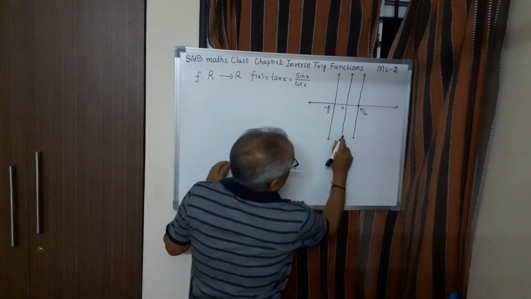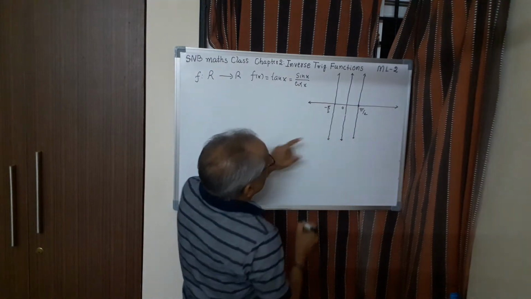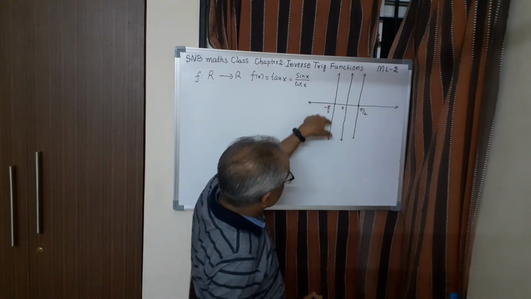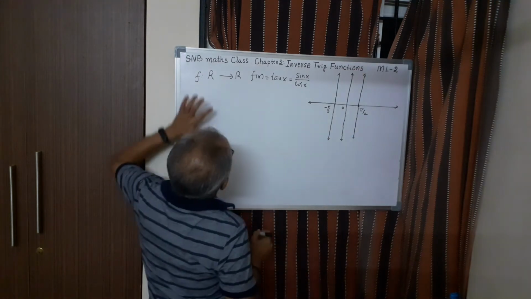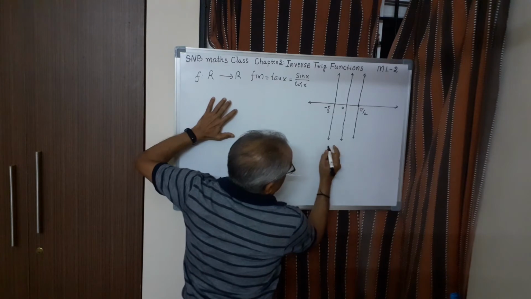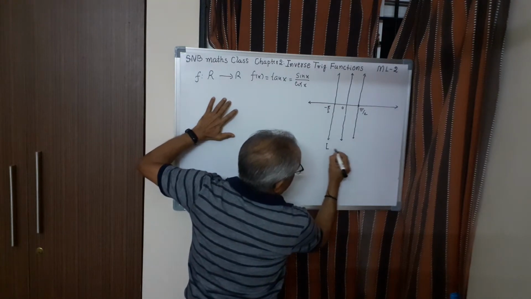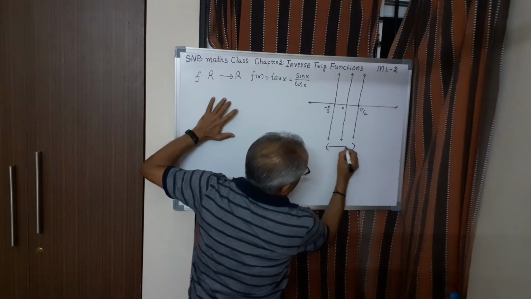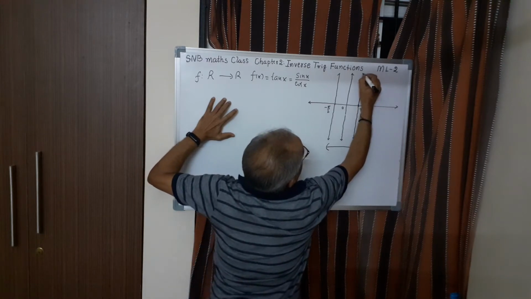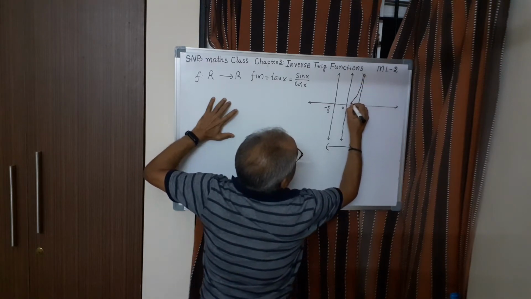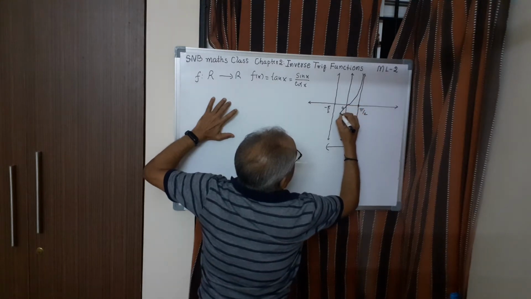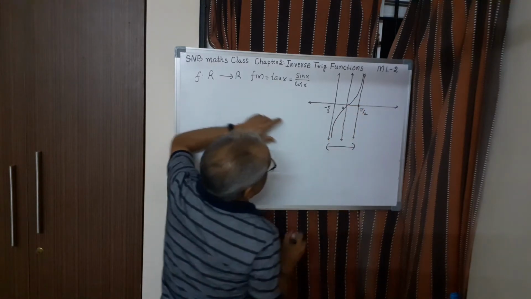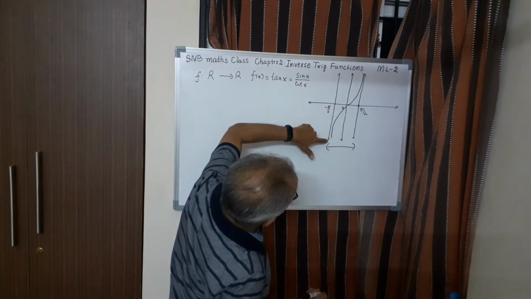So tan x is going to plus infinity on this side, and minus infinity on the other. So the graph of this function in this branch, of course I have to take an open interval, is like this. It comes like this, passing through 0, then like this. It will not touch this line and this line.